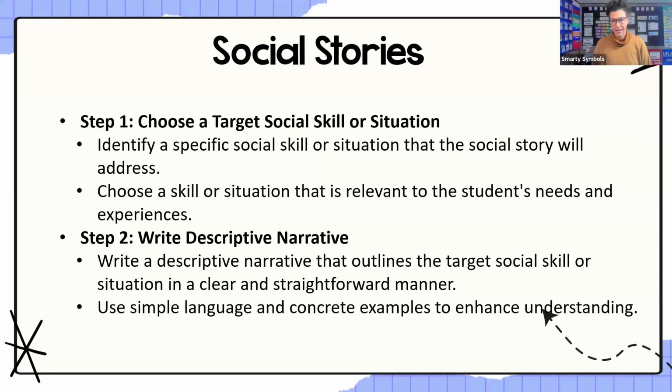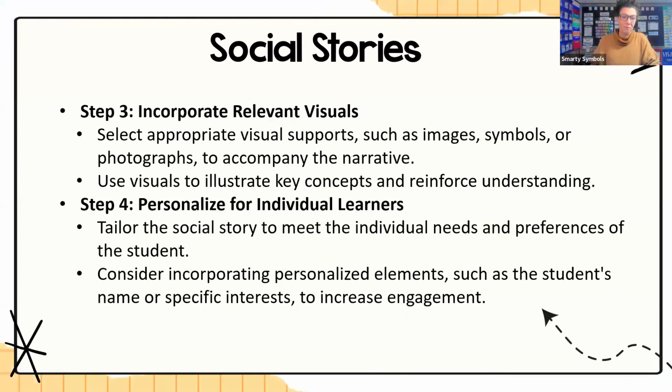Kind of like a task analysis, except it's in more of a paragraph or story form. You do also want to make sure it's clear and straightforward. I'm not going to dance around the idea that the student should come into the classroom and sit down in their seat quietly. I'm going to say that explicitly so that they know what's expected, using simple language and examples to help them know what it means.